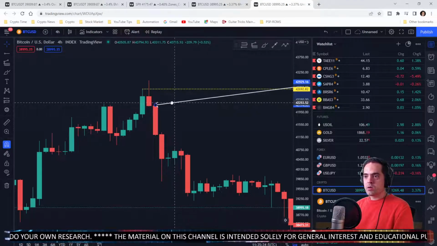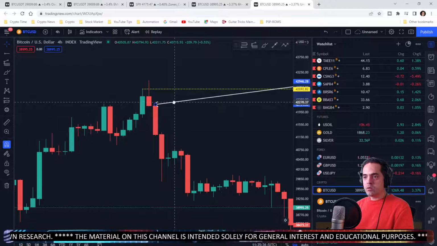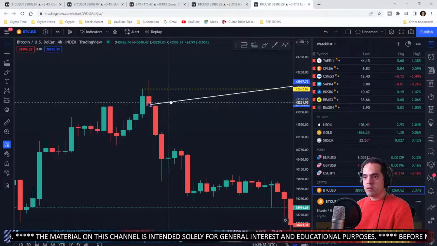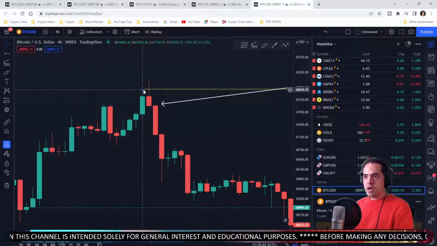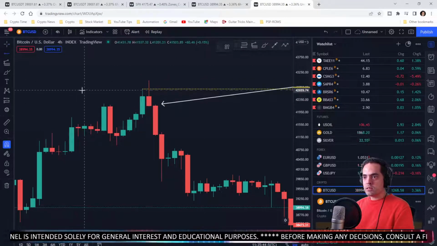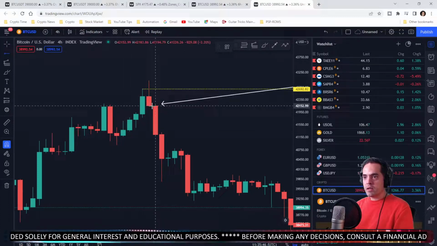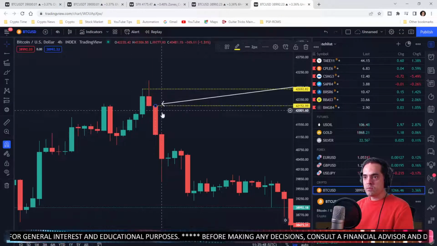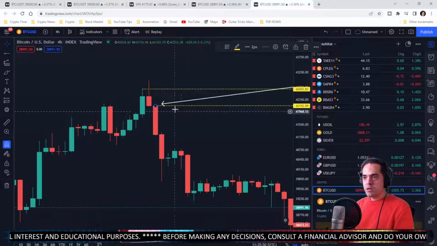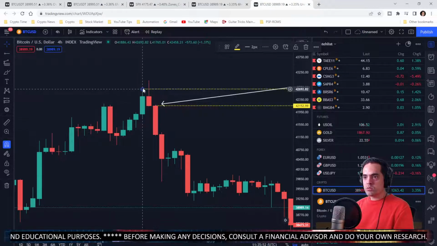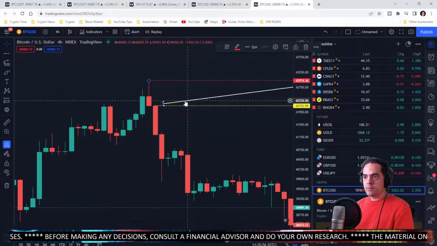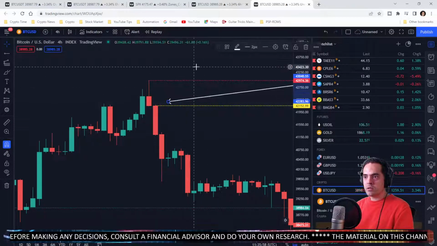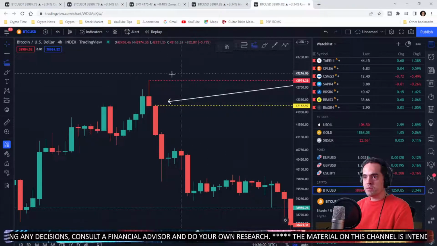Okay, so we're going to go down now. In this case, we're going to open selling orders. So let's mark our entering point right here, and then our stop loss would be right here. Let's change to red, and let's measure the extension of that movement.